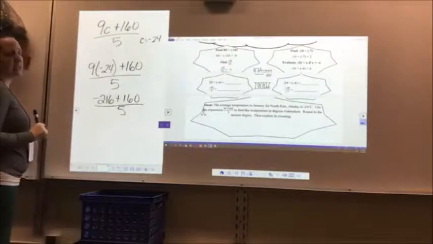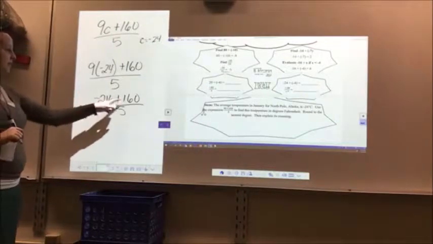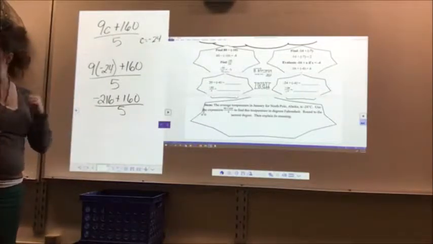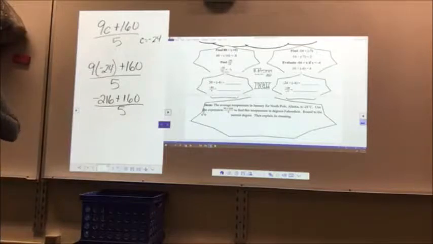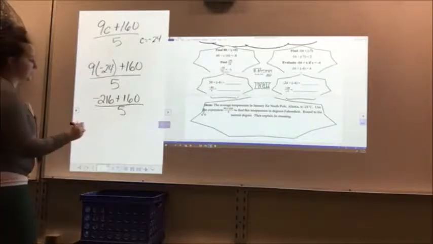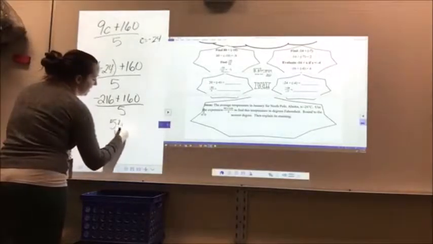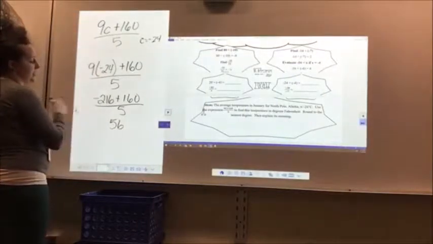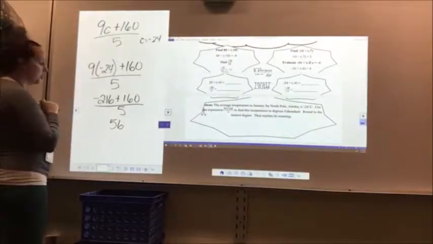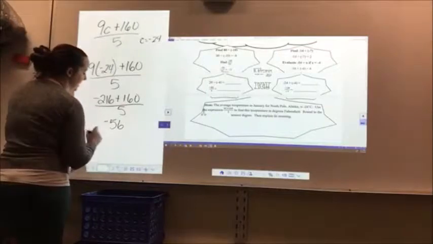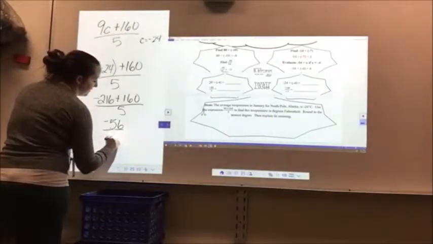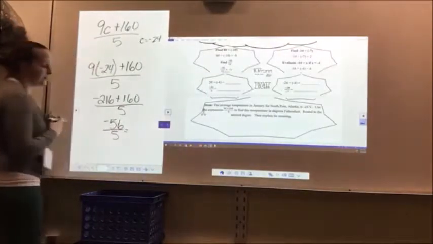Negative 216 plus 160. Different signs, they're enemies, I subtract, which gives me negative 56. When I subtract, I get 56. 216 is bigger, 216 wins, 216 is negative, so it's negative 56 divided by 5.